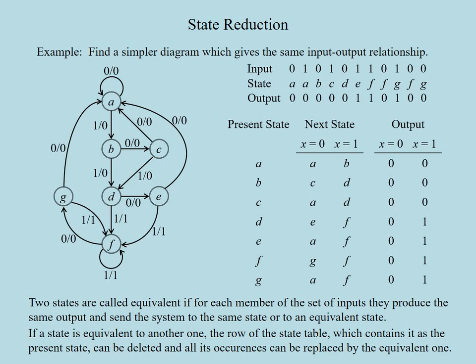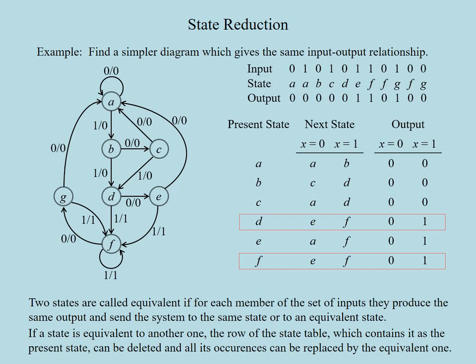For example, for the present states called E and G in this table, the transition is to the same next state for x equals both 0 or 1. Also, these states result in the same outputs. Therefore, we can get rid of one of them, say G, and replace all G states with E. Once we do this, we recognize also the states D and F as equivalent states.